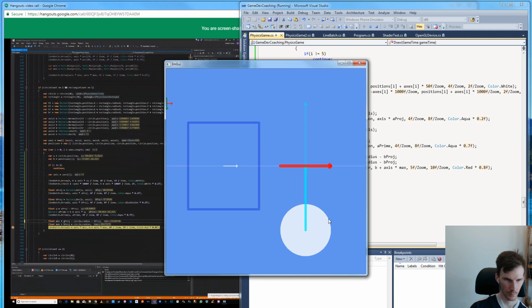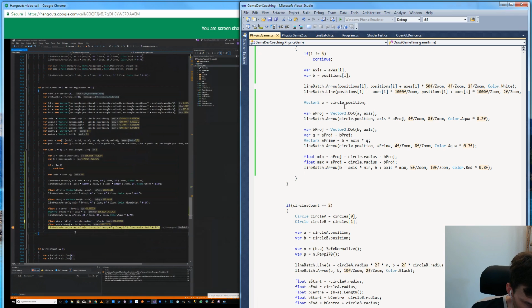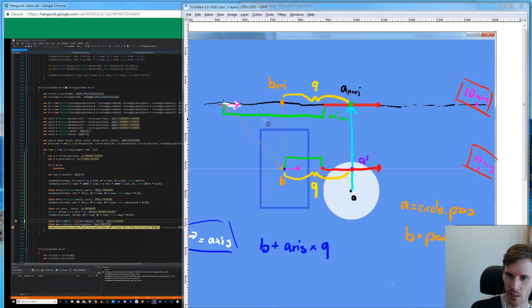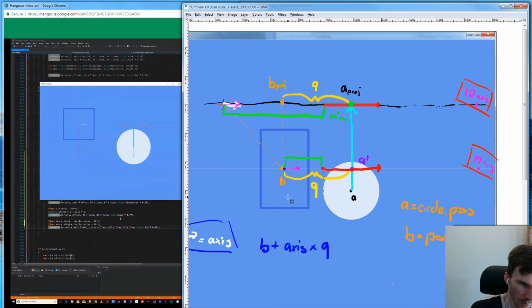Isn't that what I have here? Circle A project minus radius minus B project. Min's correct. And the max is exactly the same theory. You can imagine if that's how we got min, max is this distance here, and we want this distance here. So we've just got to subtract B project.